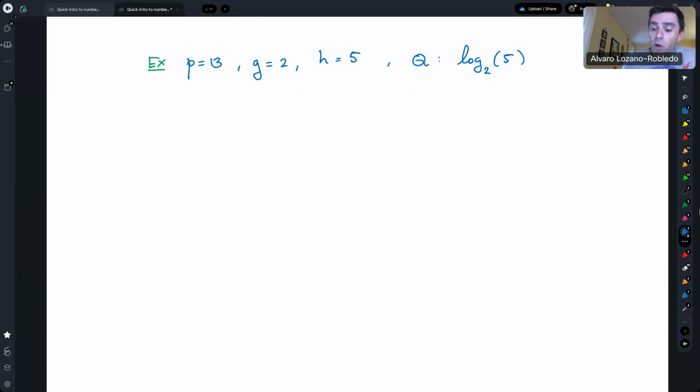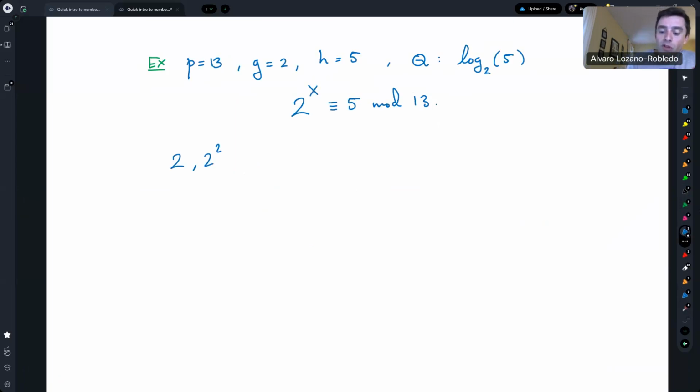What we're looking for is a power of 2 that will give me 5 modulo 13. In this case, I can just start trying powers of 2 and see if I get 5. That's all I can do with what I know.